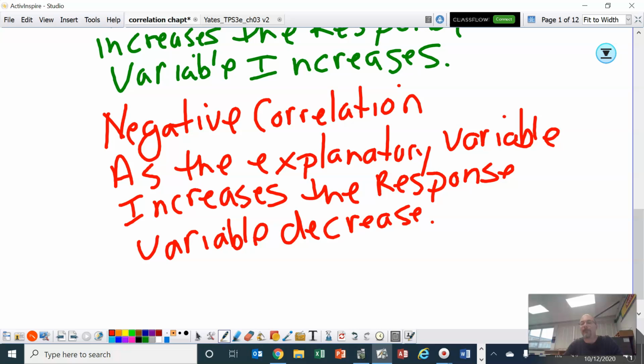Okay, they do the opposite. Negative correlation, they do the opposite. As one goes up, the other goes down. Okay, they do the opposite.